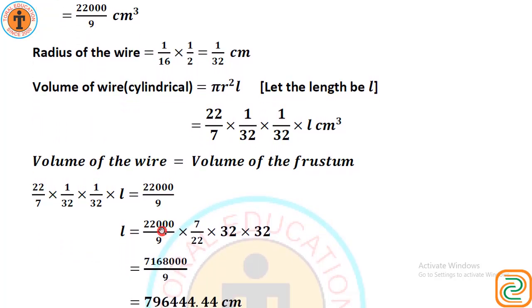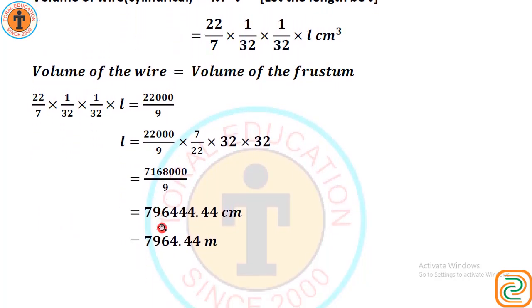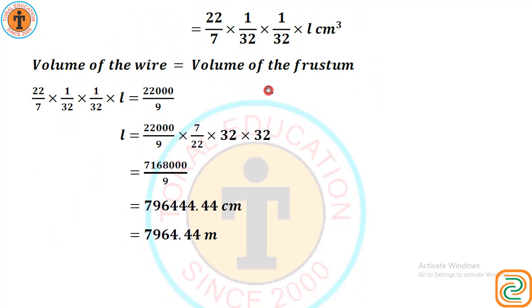You have to compare both the volumes. Volume of the wire equals volume of the frustum. Volume of the wire is given, and volume of the frustum we have found out. If we take this all to the right side, it will be at reciprocal. 22 by 7 becomes 7 by 22. 1 upon 32 becomes 32 upon 1, and 22 22s are 1000, and this one is multiplication.